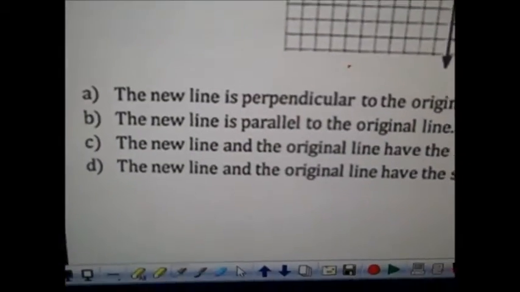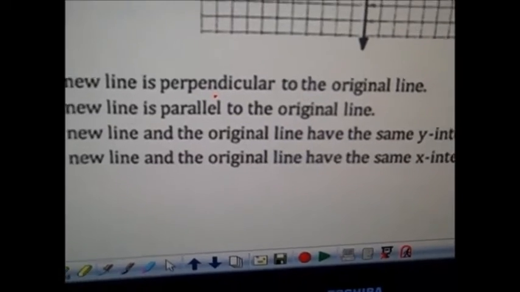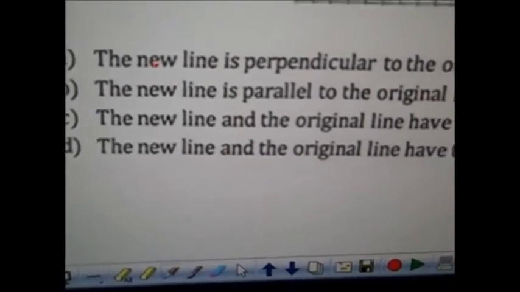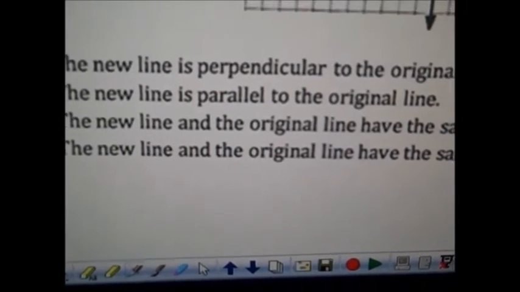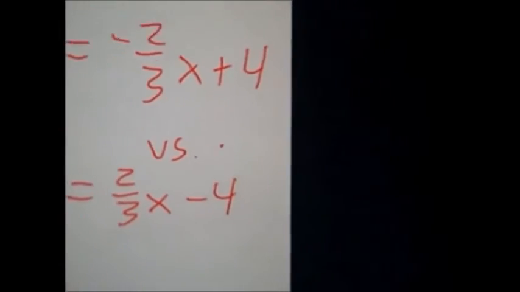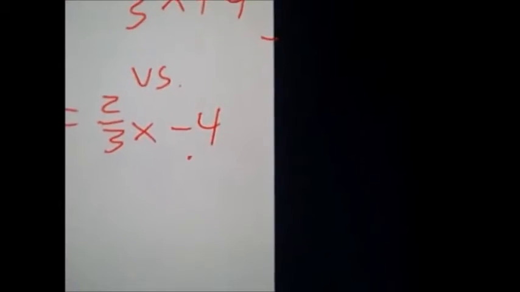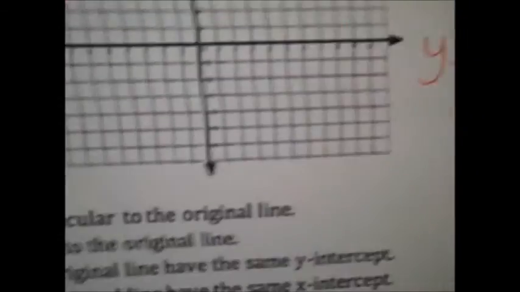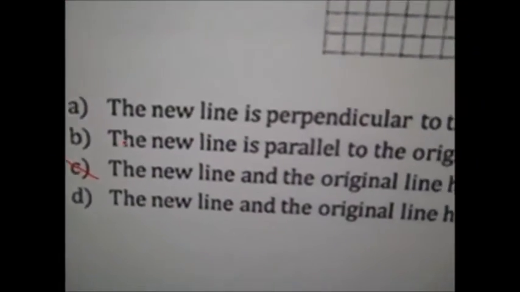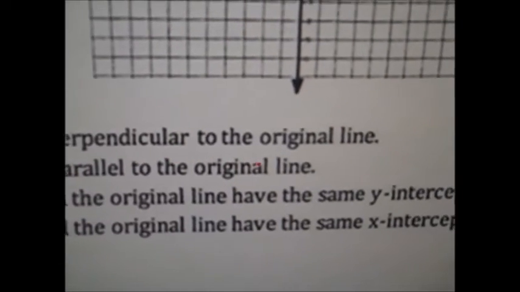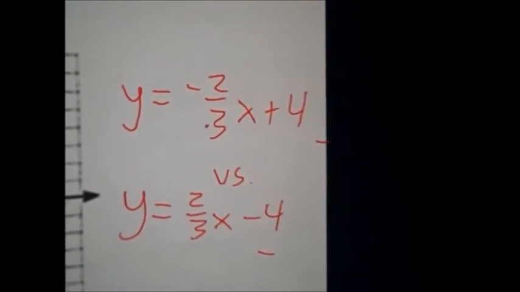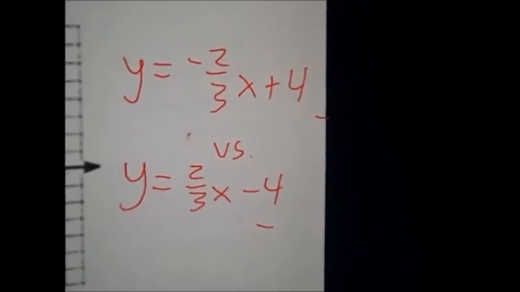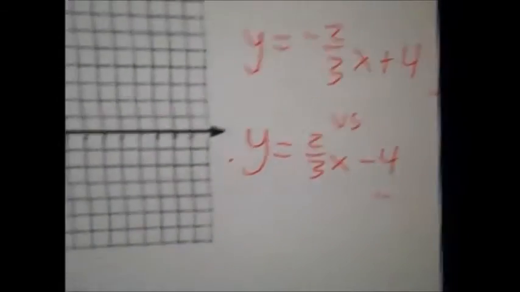If you look at the answer choices, C says the new line and the original have the same y-intercept. We know that's wrong because these are two different numbers right here, 4 and -4. Now, B, the new line is parallel to the original line. These are different slopes right here. One is a negative, one is a positive. They need to be same slope to be parallel.